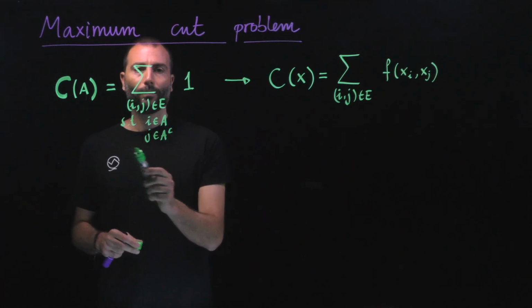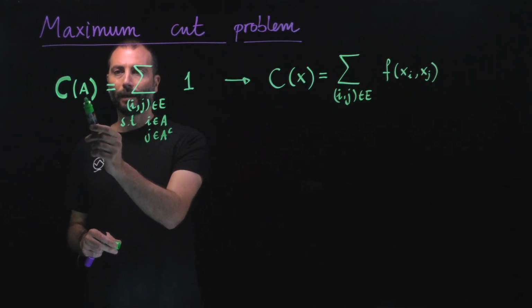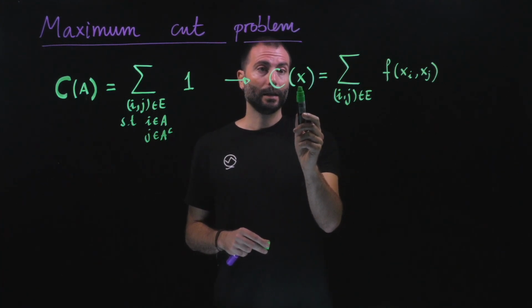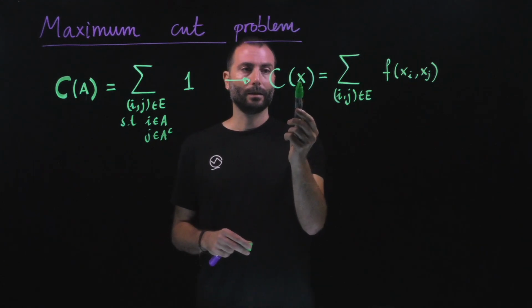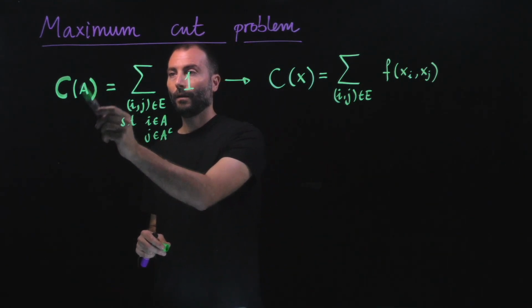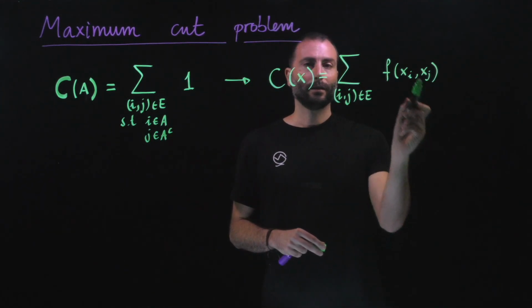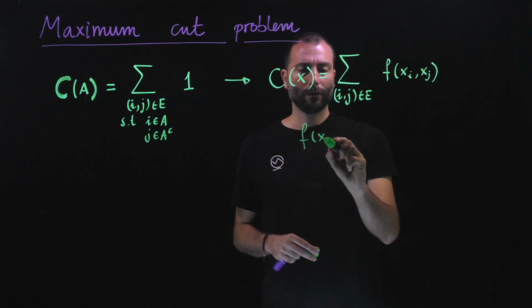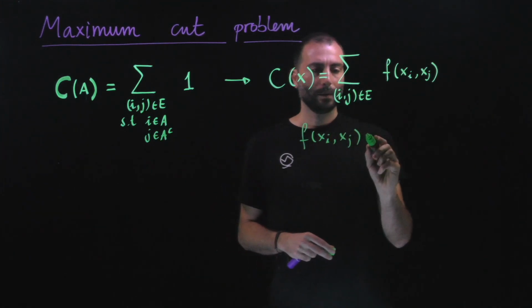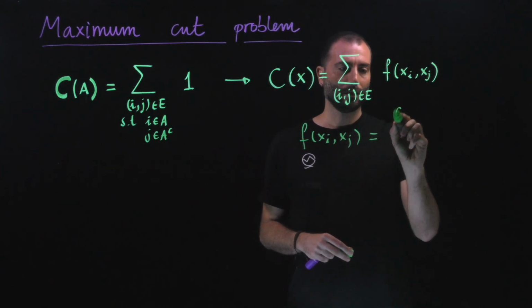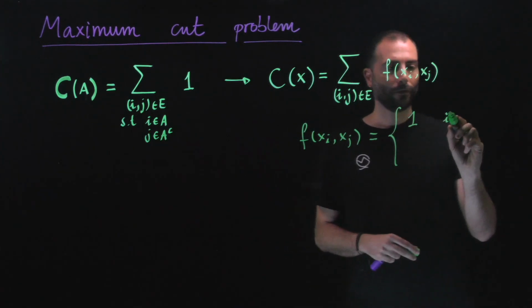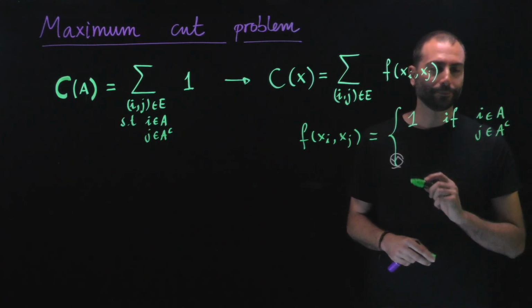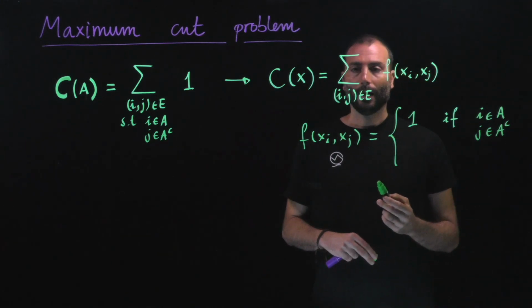Okay, so the goal is that we would like to change the cost function expressed in terms of a function that depends on the subset A into a function that depends on the bit string X, where X is a way of encoding the subset A. And notice that we would like to have an expression of this type where this function f of xi, xj basically takes, let's say, value 1 if I belongs to A and J belongs to A complementary, or the other way around.